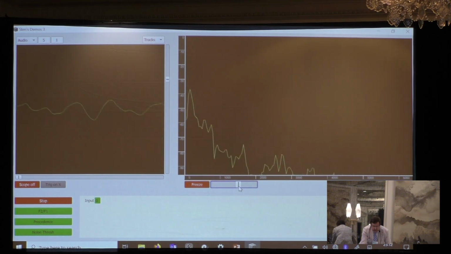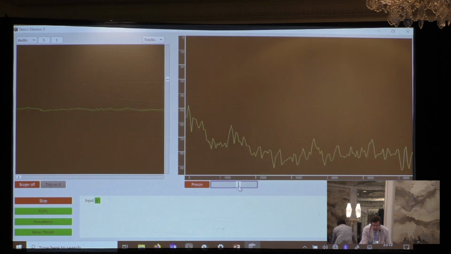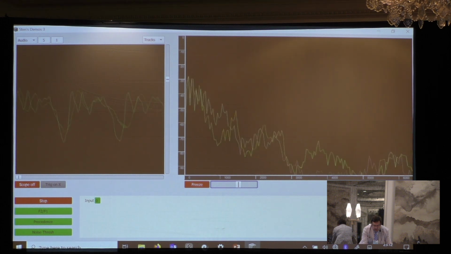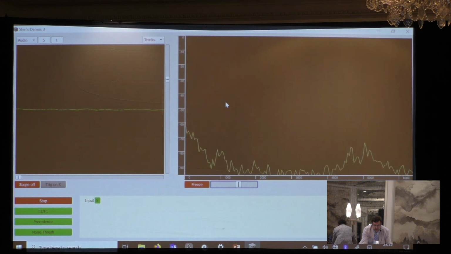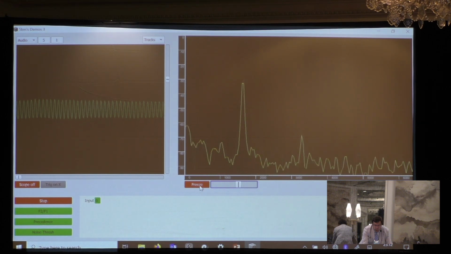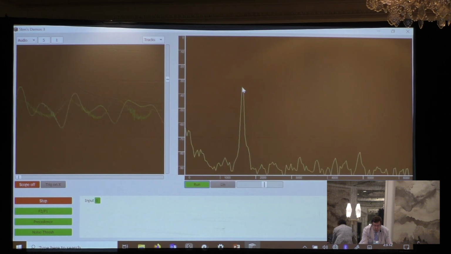Okay, so let's have a little bit closer look now. What am I showing you to the right here? That's the spectrum of the sound. So now we have frequency on the horizontal axis and level on the vertical axis. And the sine wave looks like this. You see that there's essentially just one frequency moving around.